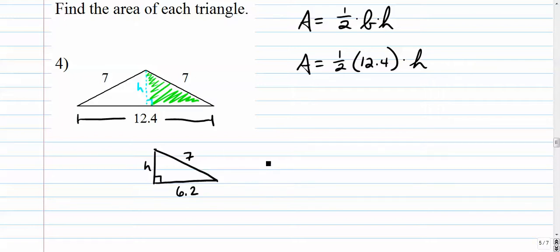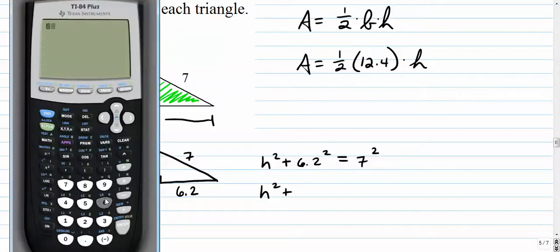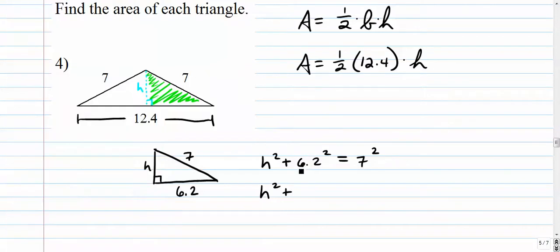So here's a little mini Pythagorean Theorem question. We have h squared plus 6.2 squared equals 7 squared. Let's go to our calculator. 6.2 squared is 38.44, and that equals 49.